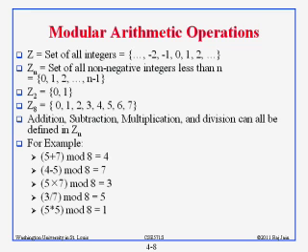All right? And now you can do all the arithmetic, subtraction, multiplication, addition, division, and all the answers will be in the same set. So regardless of which two numbers you take, you multiply them, the result will be in this set.